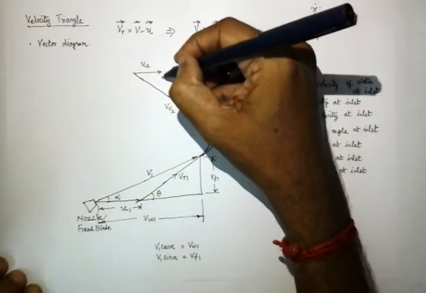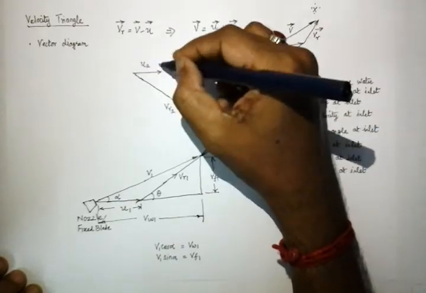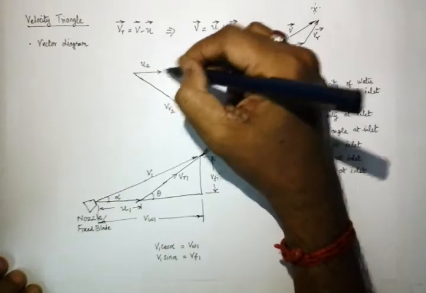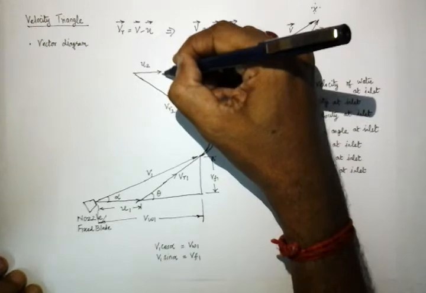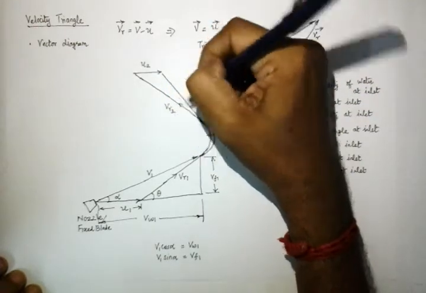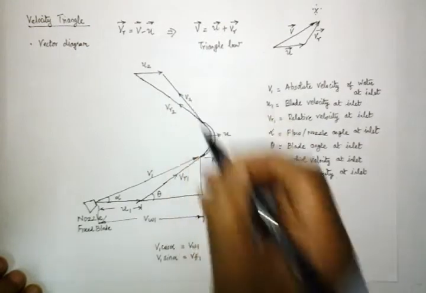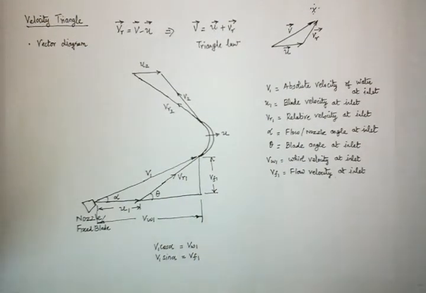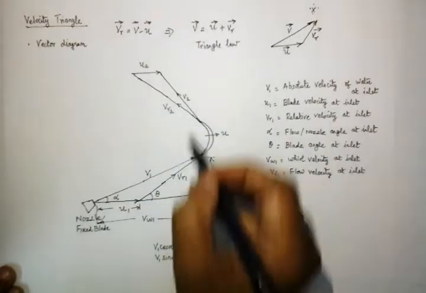These are two adjacent sides of a triangle, taken in order. A triangle has three sides. Then the closing side, here, will be V2, the absolute velocity at outlet. Agreed? Any doubt in this?